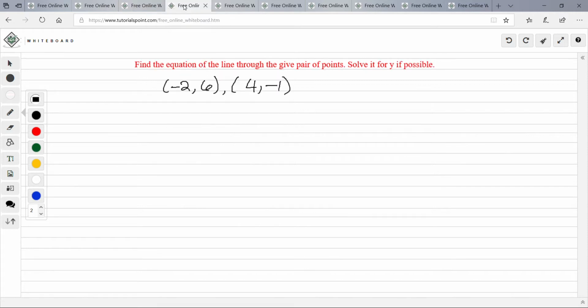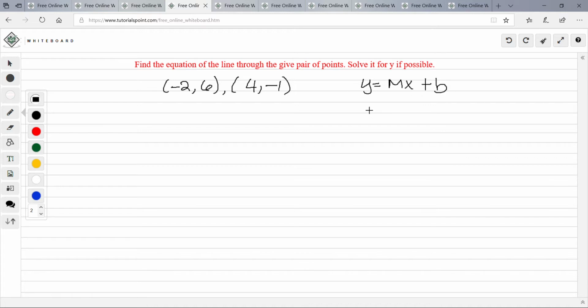Okay, the second problem says find the equation of the line through the given pair, and solve it for y. So for this one, we have to find the slope and the y-intercept in this form, y equals mx plus b.